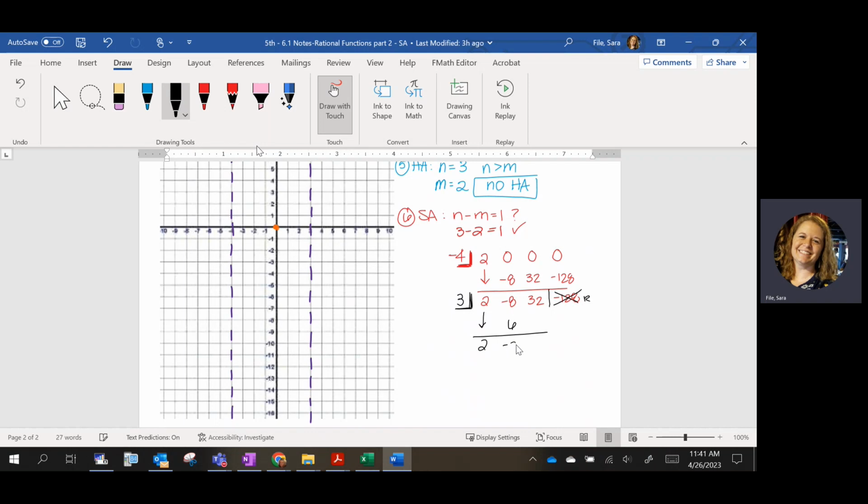That's -2. 3 times -2 is -6. So that'd be 24. But again, for this set, that is our remainder, isn't it? Agreed? Oh, yes, it would be 26. Sorry.